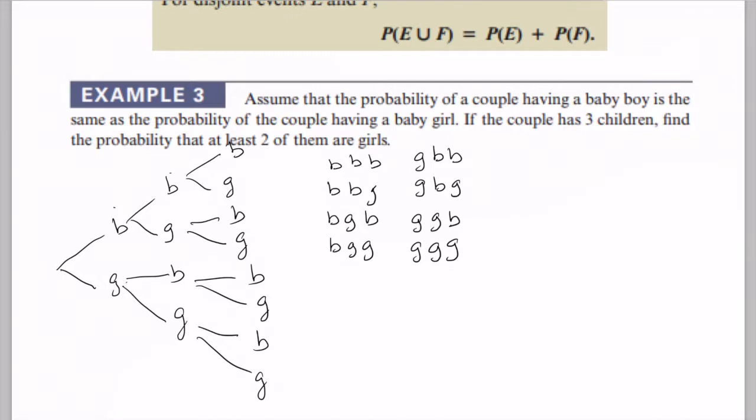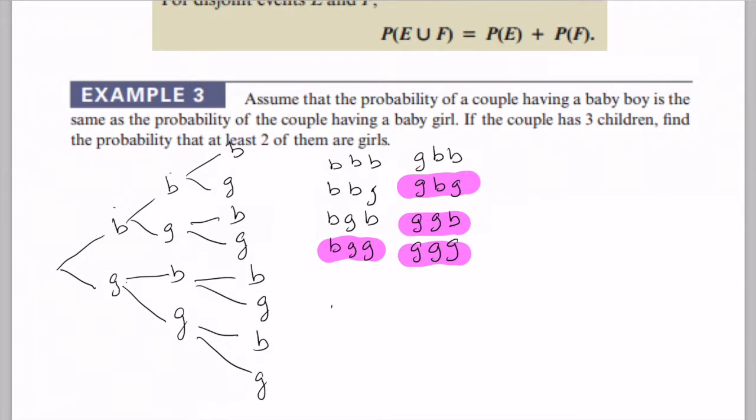Now, find the probability that at least 2 of them are girls. Well, this one has 2 girls, this one has 2 girls, and this one has 2 girls. But it says at least, that means they can all be girls too. So those are our outcomes. Okay?